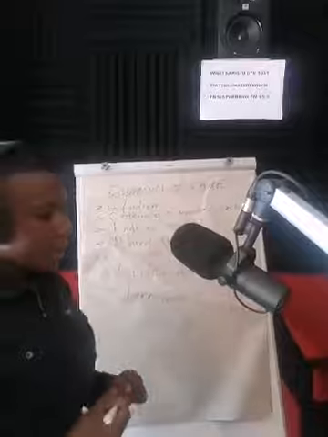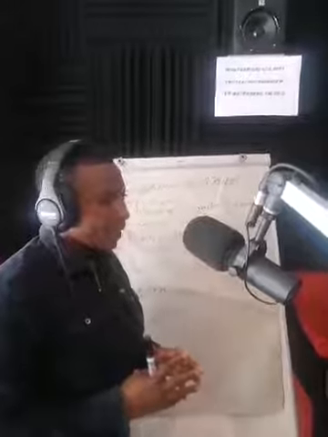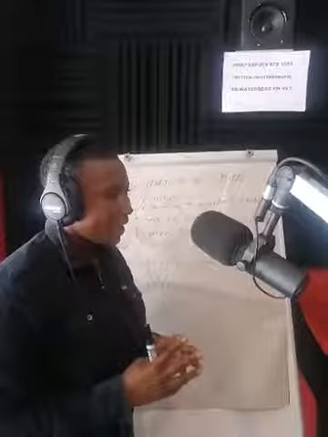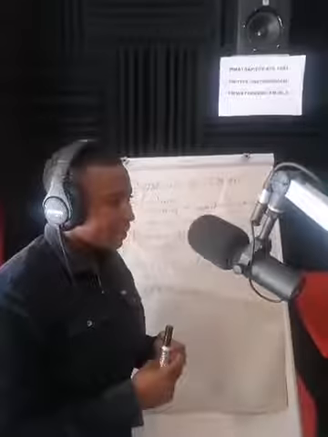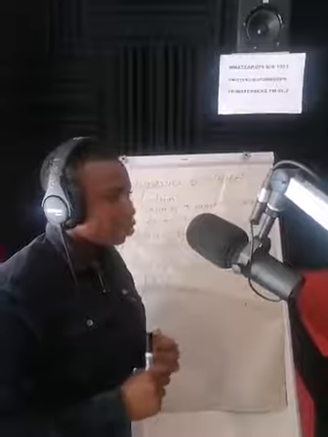I'm going to start with the definition of a market. When you are defining a market, there are several definitions that you must consider as a learner. You must say a market is where buyers and sellers meet to exchange goods and services.